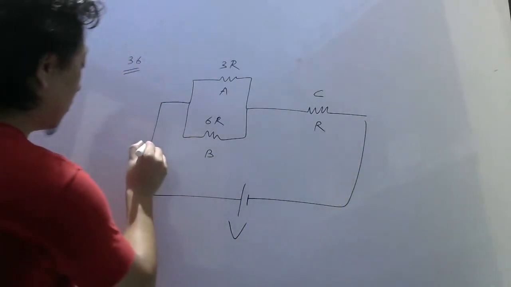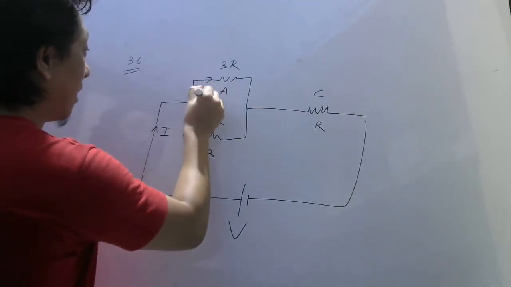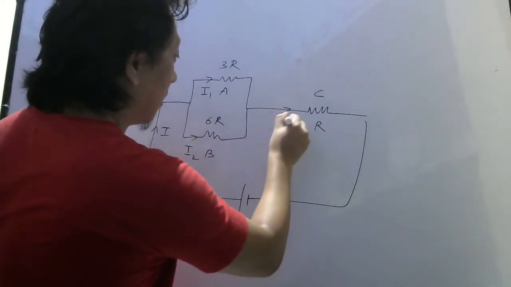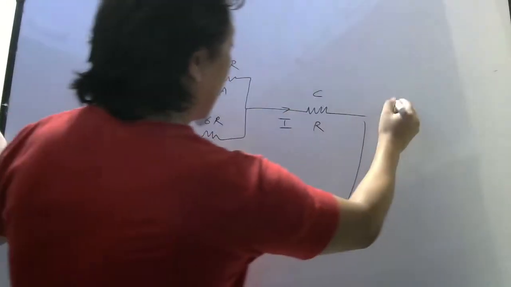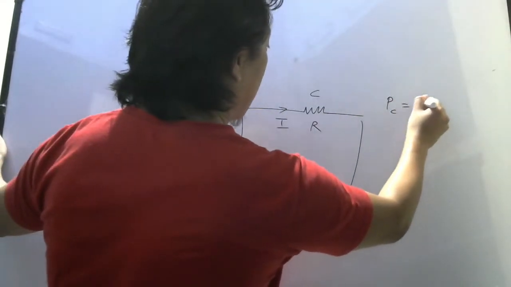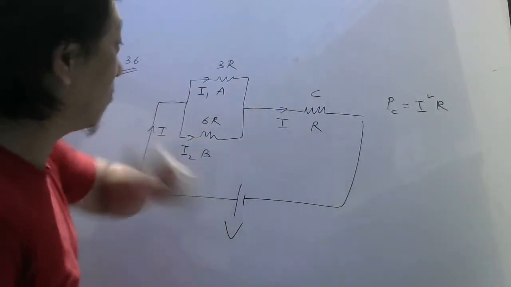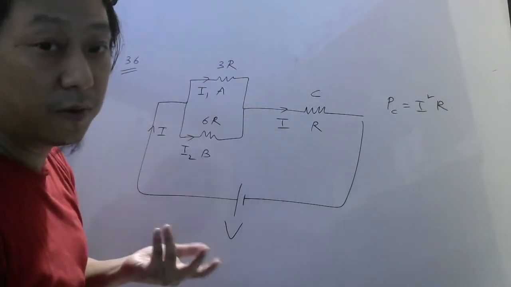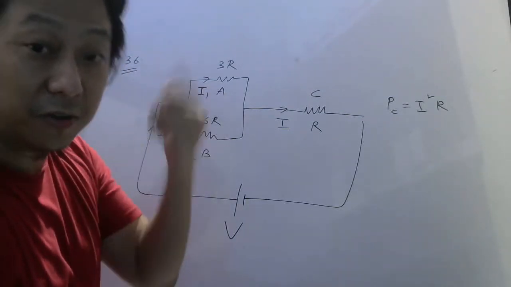Now whatever voltage may be, some current will come, that current will divide here into I1, I2, right? And then the total current will flow here. Yes or no? So power consumed by C is I square R, right? We have to find power consumed by A in terms of this current. So how will we do it? We will find I1 and I2 first using the branch rule, which I taught you last class.